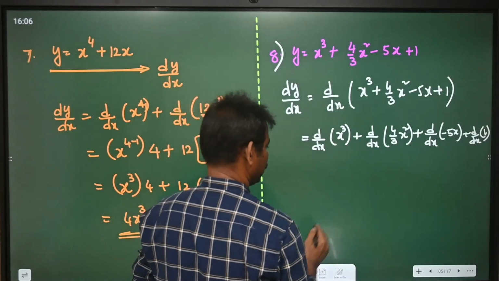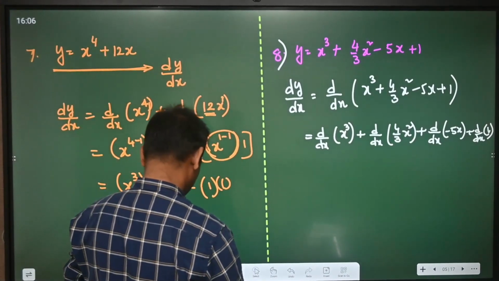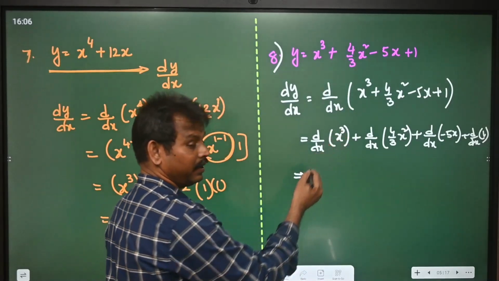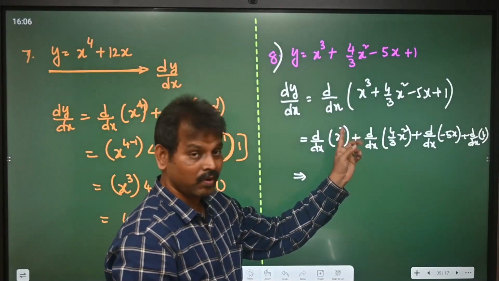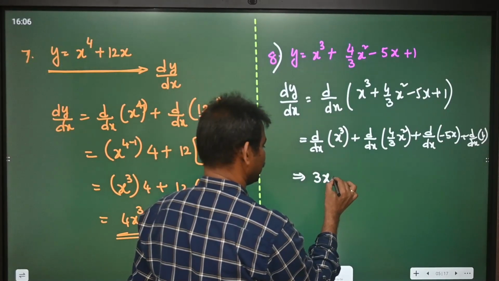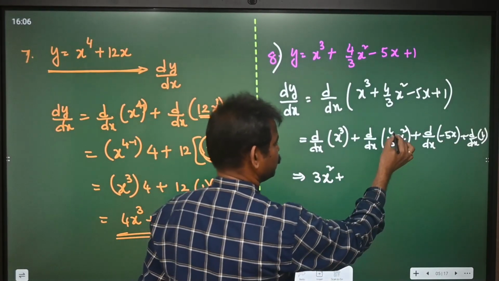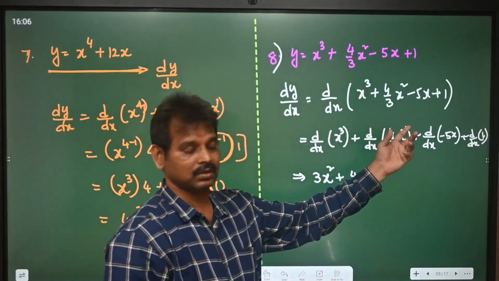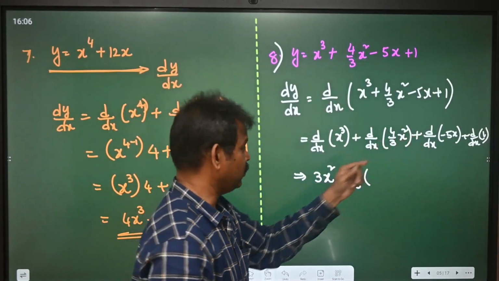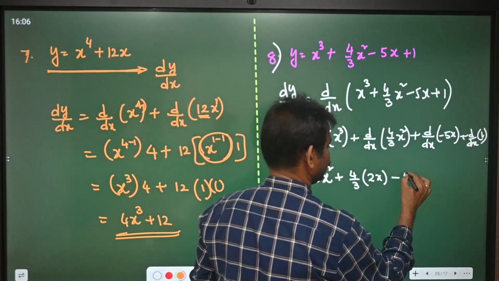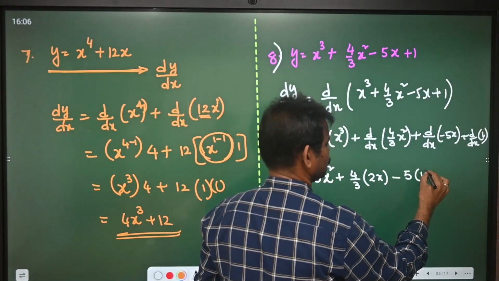1. So now here we will write d by dx of x cube: power reduced by 1 is x square into 3. So directly you can write this as 3x square plus 4 by 3 is a constant. Derivative of x square is power reduced by 1, x power 1 into 2, which is nothing but 2x, minus 5 into derivative of x with respect to x is 1.